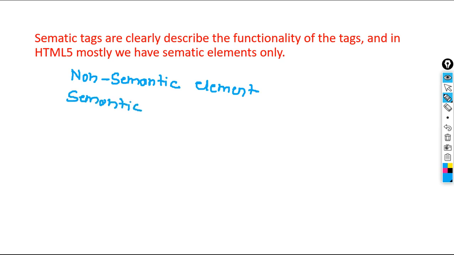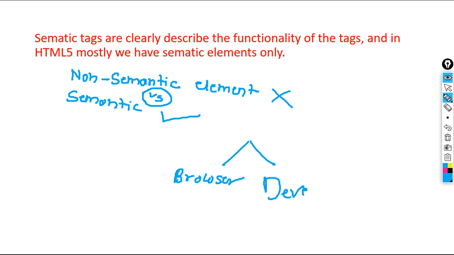The difference between non-semantic and semantic element is non-semantic element does not describe its meaning, but semantic element describe its meaning to both. Who both? Browser as well as developer.